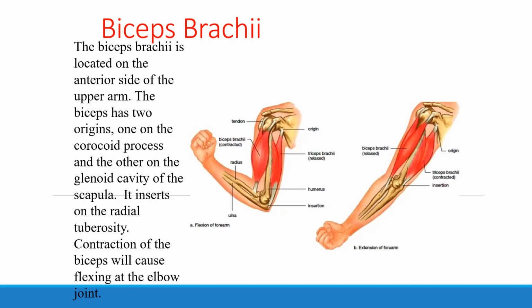When you flex any joint, you are decreasing the angle of that joint. You have bent your arm. That's what the biceps brachii does. It flexes our arm at the elbow.